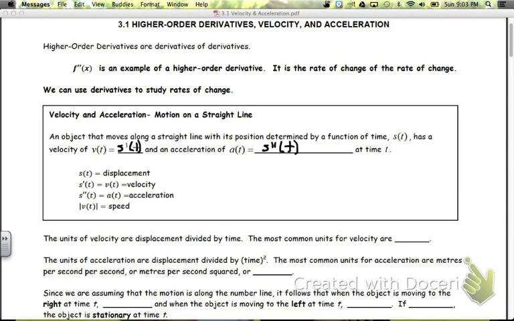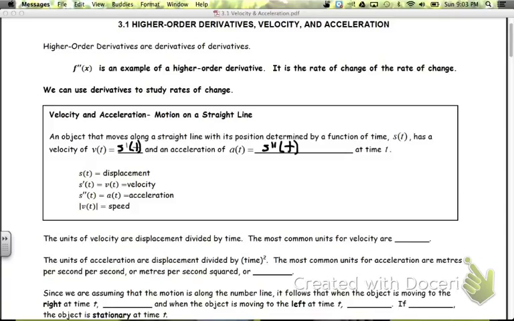Alright, and when looking at velocity, we need to make sure that we're looking at the direction, because direction does matter. When talking about speed, which is the absolute value of our v of t, this will always be positive. And our s double prime of t is equal to our a of t, which is our acceleration, which is just our rate of change of velocity.